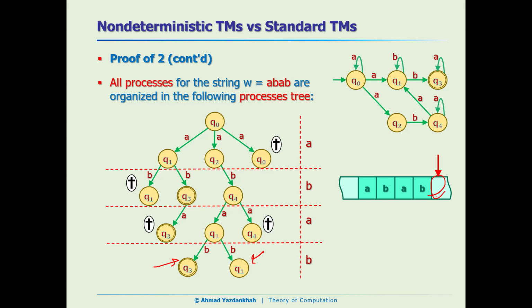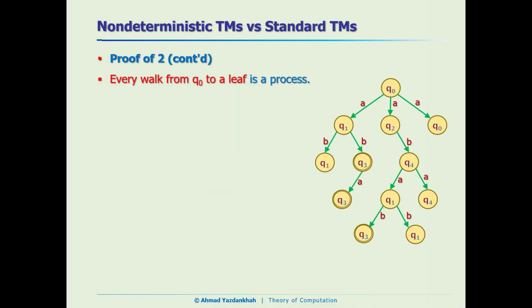So actually at this point we don't care about whether it is accepted or rejected, but if we wanted to consider that, yeah, one process will accept because it can halt in an accepting state. But we have other points here. When you look at these processes, what do you see? Can we consider every process as a standard Turing machine?